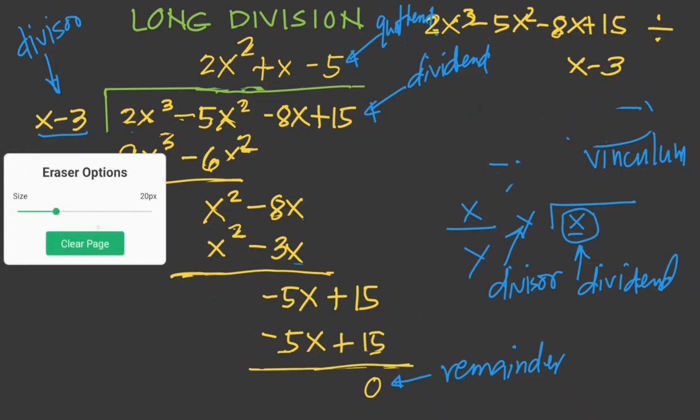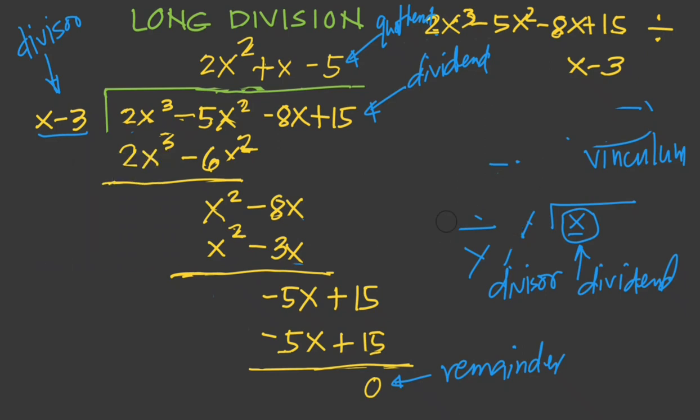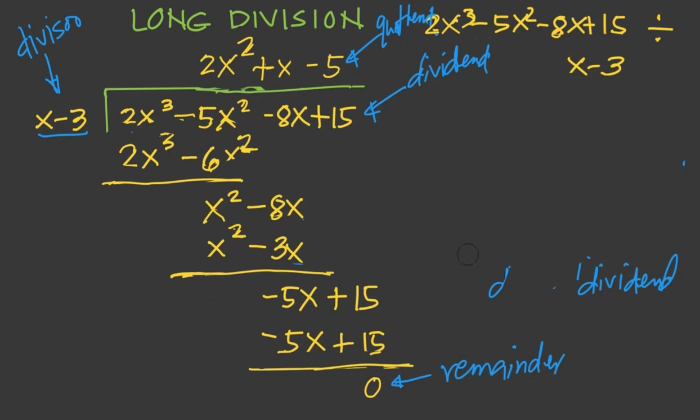We're given 2x cubed minus 5x squared minus 8x plus 15 divided by x minus 3. The first thing we do is divide the first term of our polynomial by the first term of our divisor, which is the binomial.